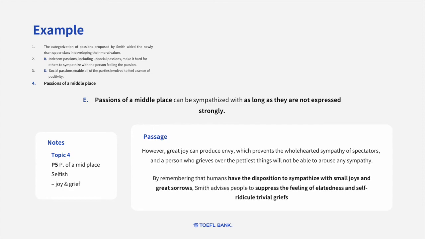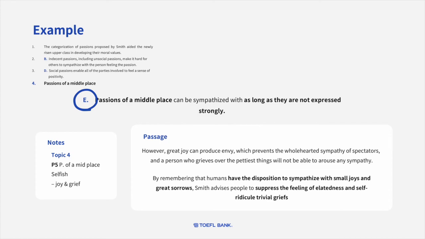So, by remembering that humans have the disposition to sympathize with small joys and great sorrows, Smith advises people to suppress the feeling of elatedness and self-ridicule trivial griefs. We can tell right away that the choice matches the paragraph and its details. E is also a correct answer choice.